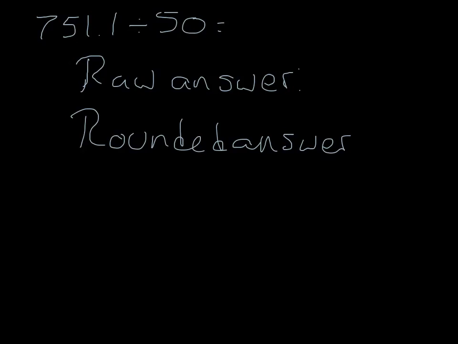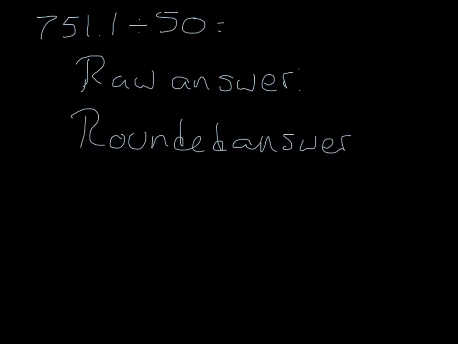Guess what, physicists? When it comes to division, it's going to be the exact same process as with multiplication. It's just we're doing the opposite operator now. So if we take 751.1 and divide it by 50, let's count up our sig figs for 751.1.